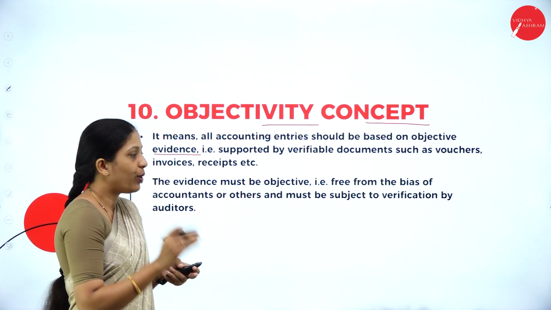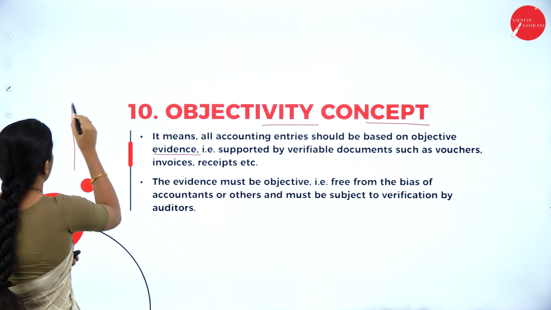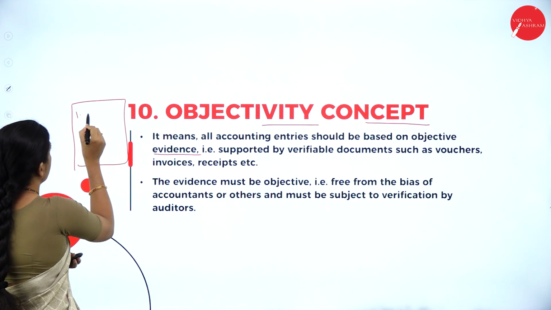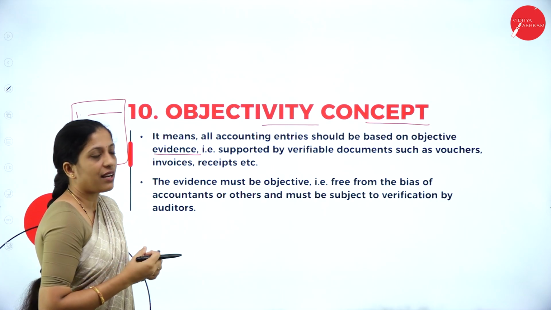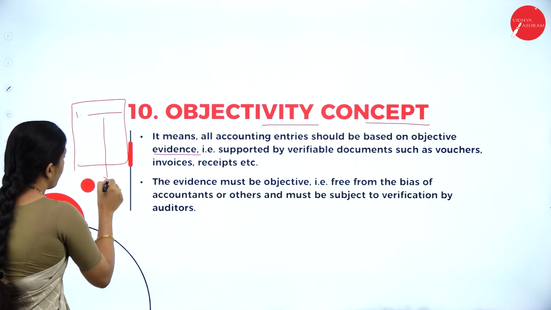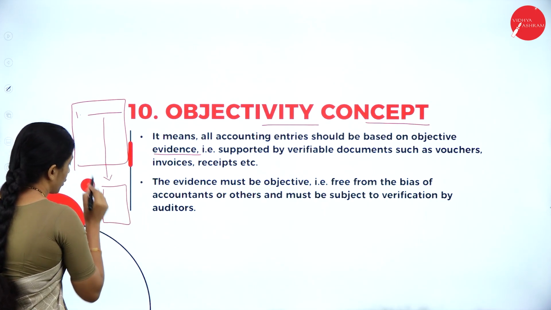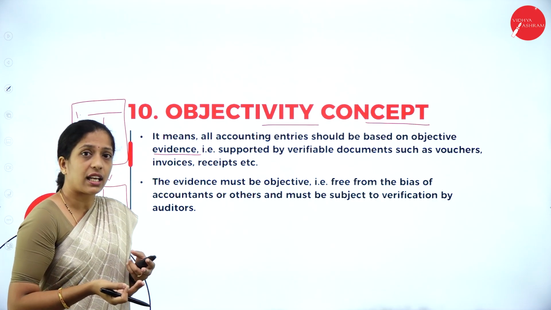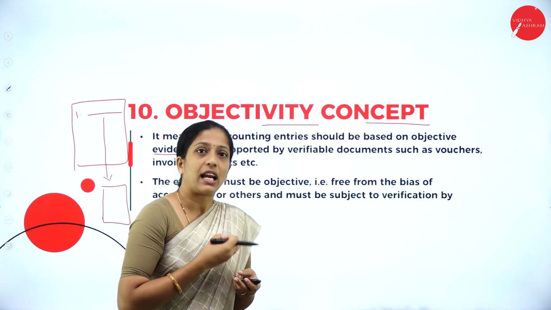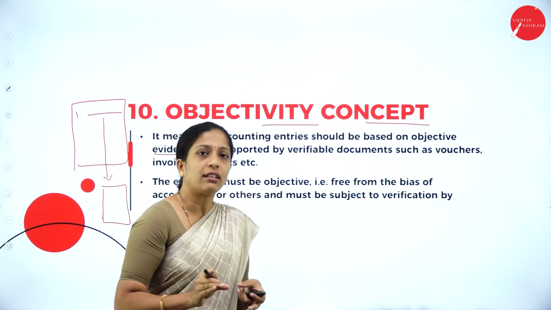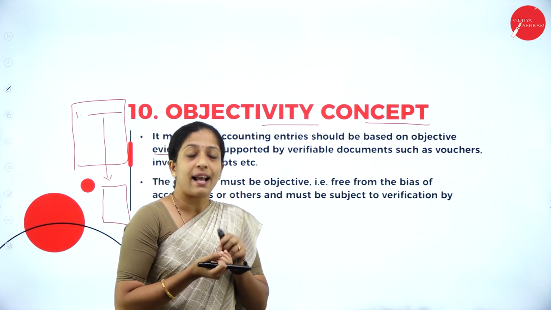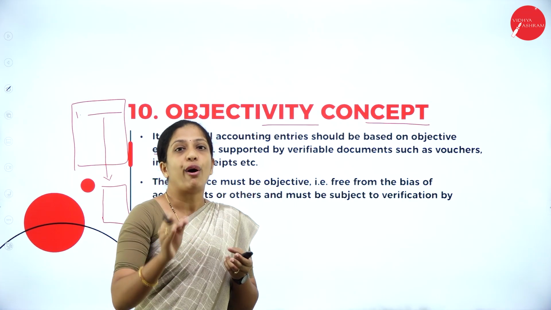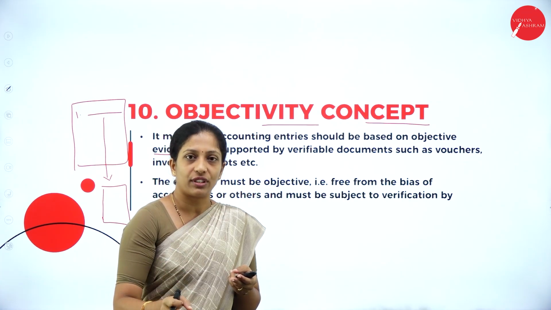Whenever in my journal I am going to record the first transaction, I can't record as per my wish, I should have a proper documentary evidence, which means that it can be receipts, it can be invoice, or it can be any cash memo, but it should have a documentary evidence which has to be serially numbered and preserved till the auditing takes place, till the end of the year.